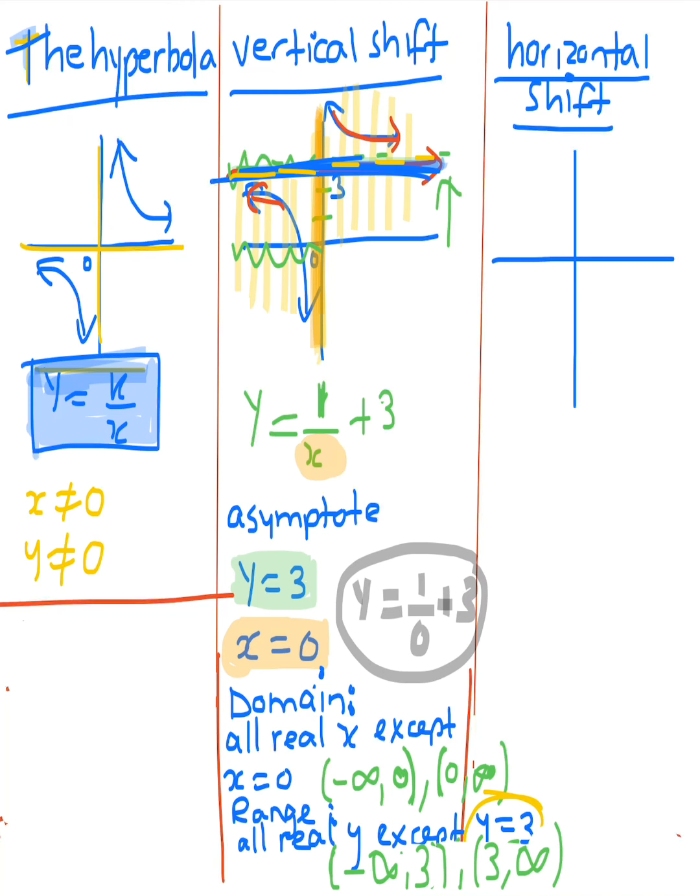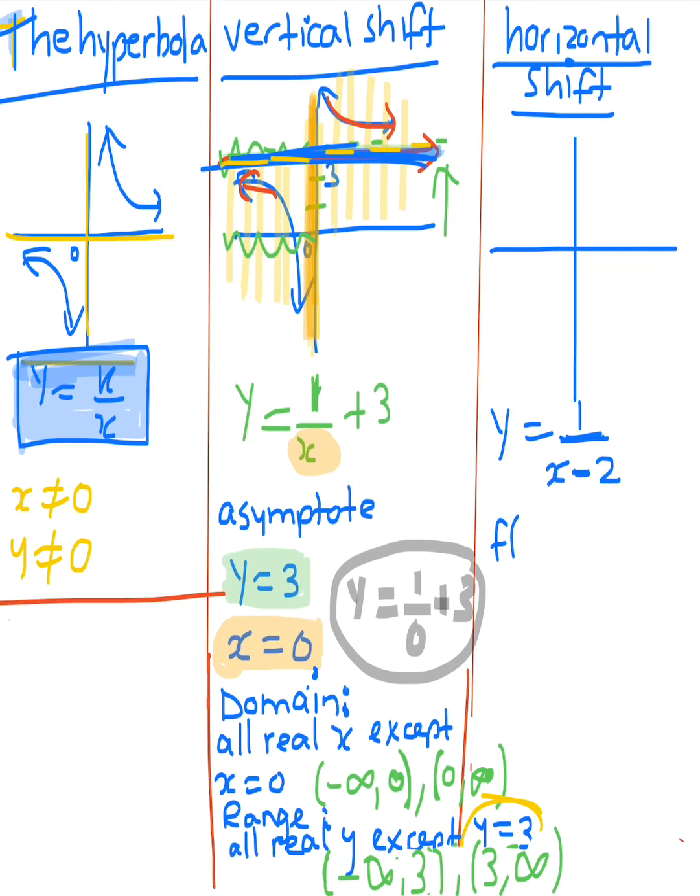Okay, now to shift it horizontally, what you need to do is shift it inside the function. So inside the function would mean going x minus, and let's put a 2 in there. Because if you think about that, it's as if you had f of x equals 1 over x, and then if you put x minus 2 in for x, you'll get 1 over x minus 2. So a horizontal shift occurs when it is inside the function.